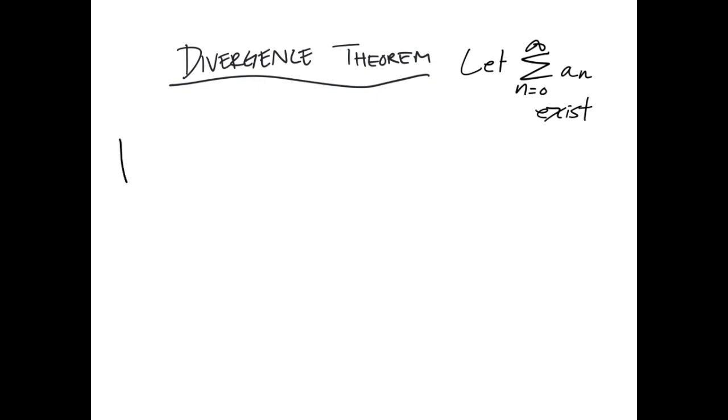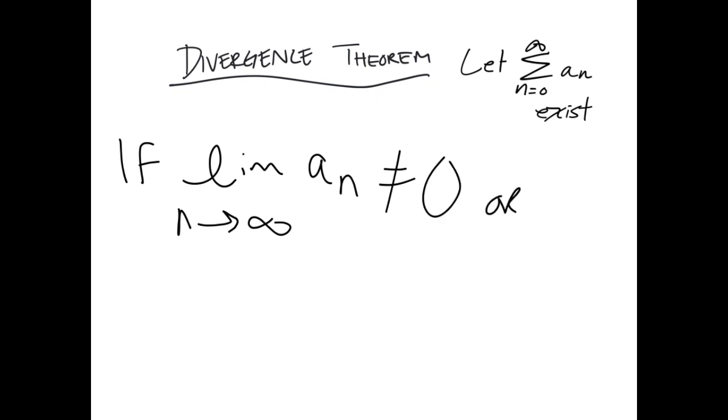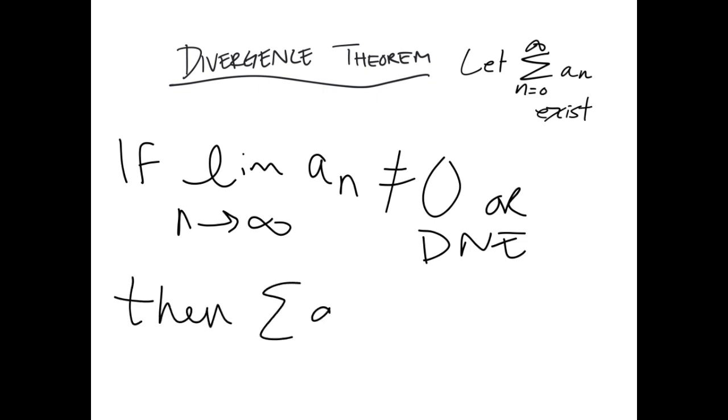So if the limit as n approaches infinity of a_n does not equal 0 or does not exist, we can determine that our sum diverges. Now, can we conclude anything else from this? No, because this is the divergence theorem. It tells us if it diverges or it tells us nothing.